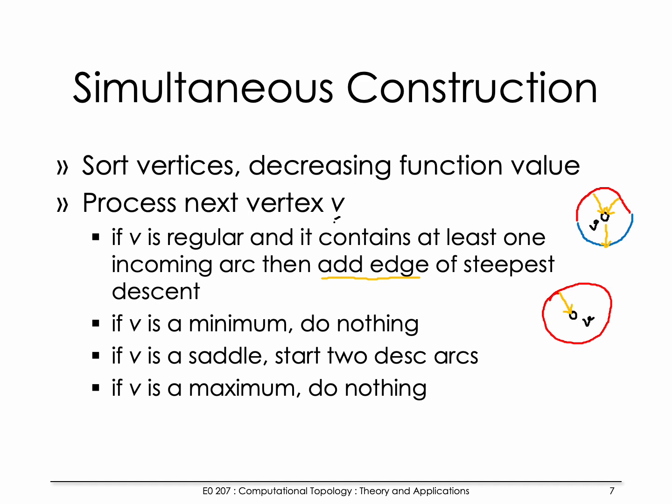So essentially, you do nothing. If V is a saddle, then you have two lower link components.